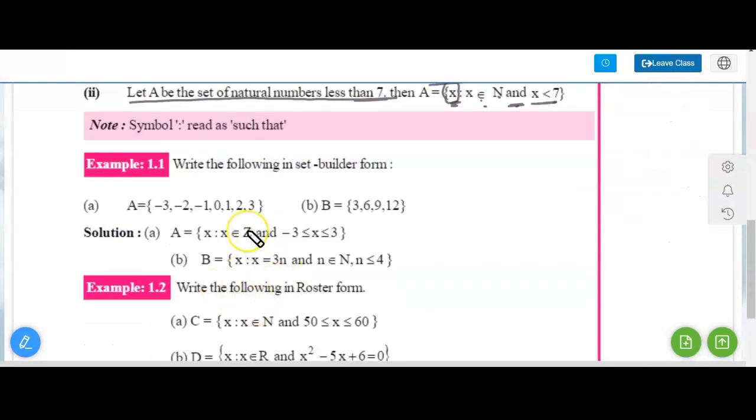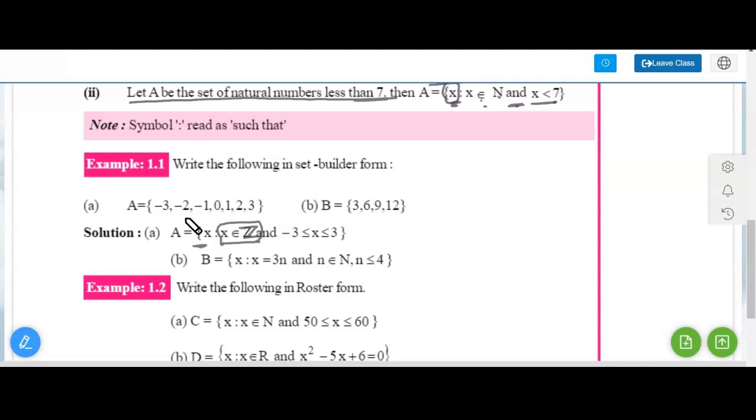Now you can see the example here, example 1.1. Write the following in set builder form. The question is already given as A equals {-3, -2, -1, ... up to 3}, inside curly brackets. So you write it in set builder form, which means writing it as a statement. In the first example you can see x, where x belongs to integers.